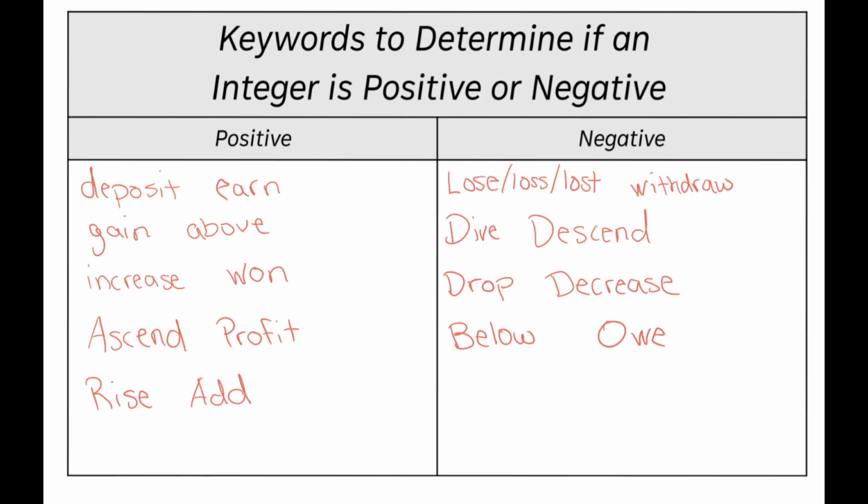If you owe money to someone, that is a negative situation. Fall. If something falls, let's say 5 feet, that would represent a -5 because it is falling. It has fell 5 feet. Debt is another word that would reflect a negative situation. If you are in debt $100, that would mean -$100.